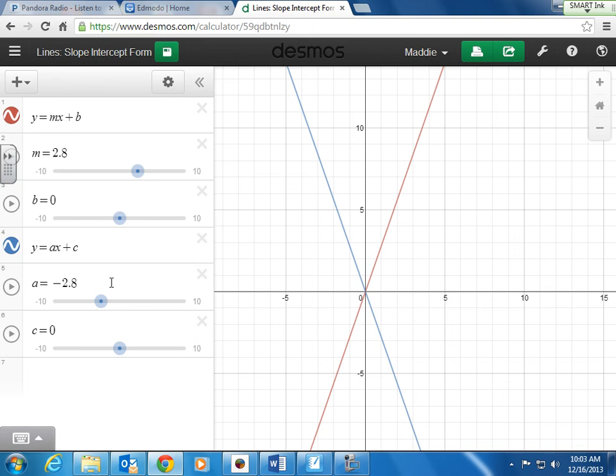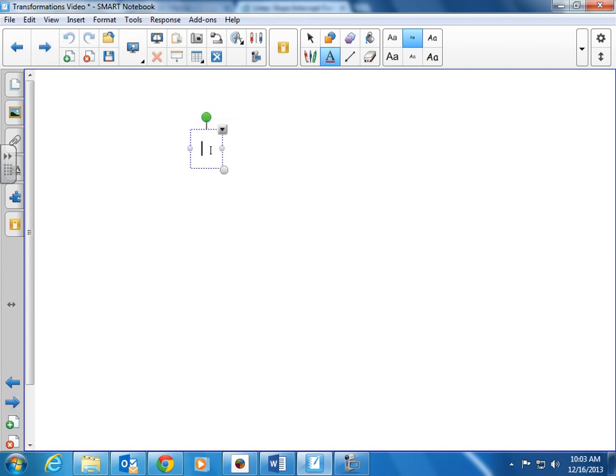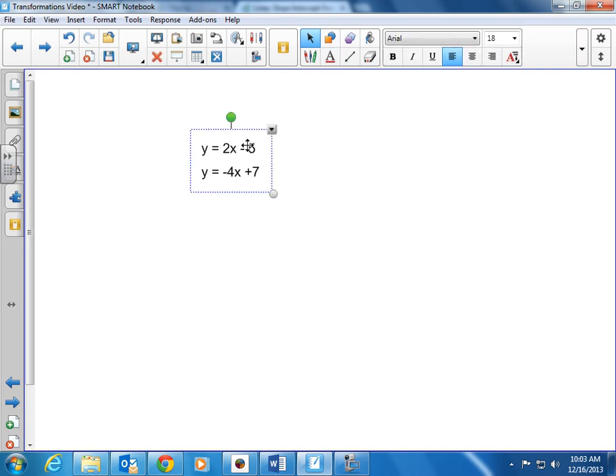One is just a reflection of the other. Now, when you're comparing which lines are steeper than the others, you want to take the absolute value of the slope to determine the steepness. So, for example, if I have two equations here, y equals 2x minus 5, and y equals negative 4x plus 7, let's talk about what happens. Well, y equals 2x has a slope of 2. Y equals negative 4x plus 7 has a slope of negative 4.